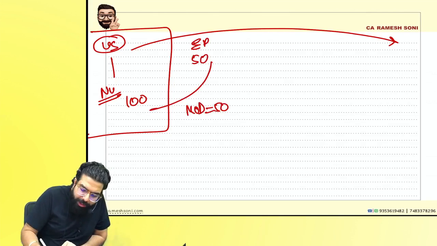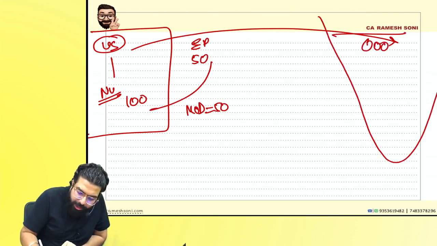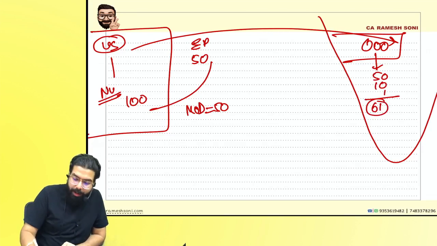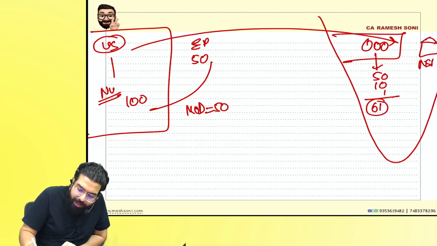The goods have come to India, in the Indian port. I am clearing, and 50 rupees plus basic custom duty, social welfare surcharge, it is costing me 61. In India, you will have to see the normal selling price or the landed price. What is the landed price? Whatever is the import value, basic CIF value, plus basic custom duty.